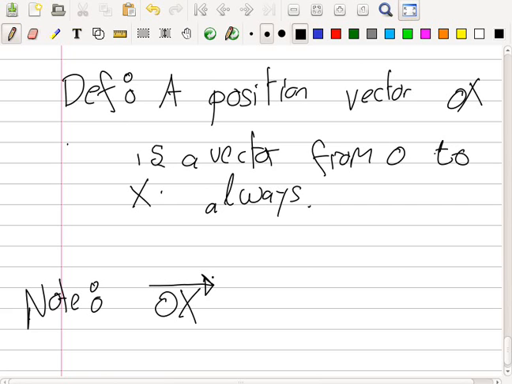Anyways, the vector OX, you often write that just as X. So in other words, if I don't tell you where the vector starts, it starts at O. So I'll just say that again. If you are not told where the vector starts, it starts at O. So if I just write X, it means OX. If I write A, it means OA, and so on. Do you understand? Yes. Okay.